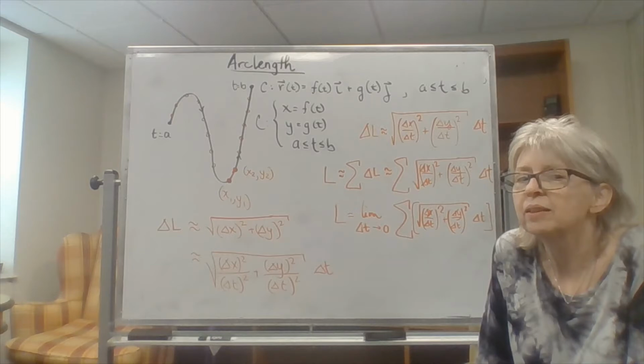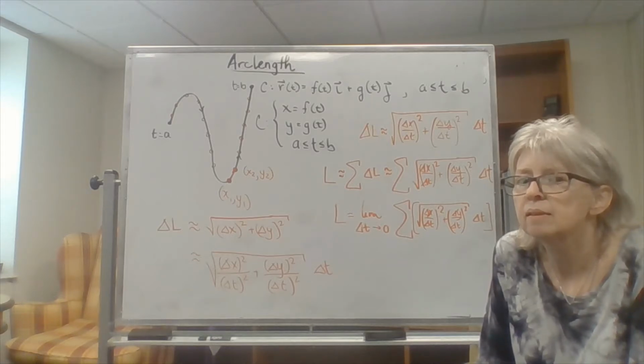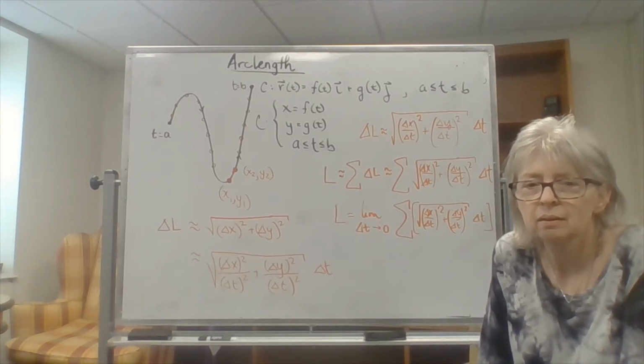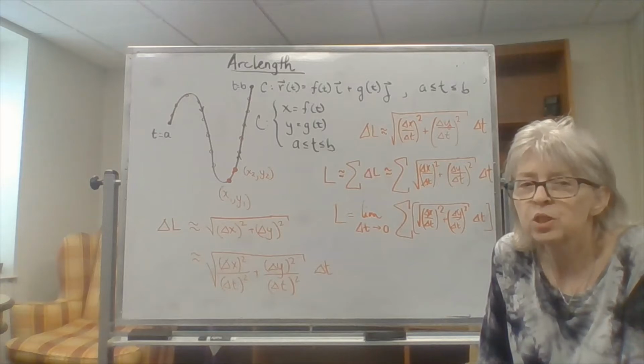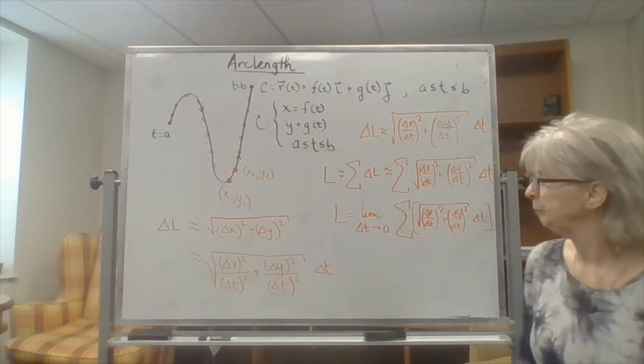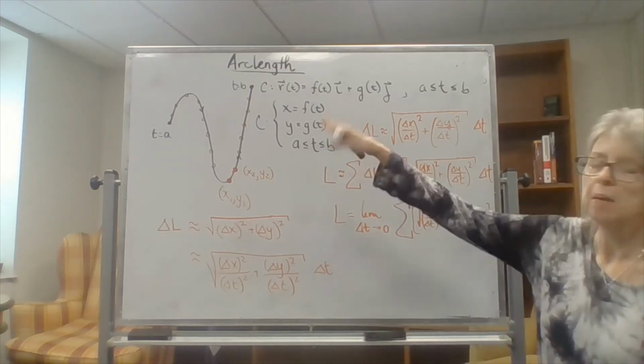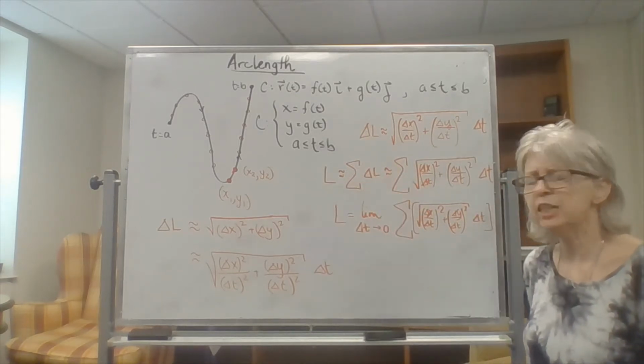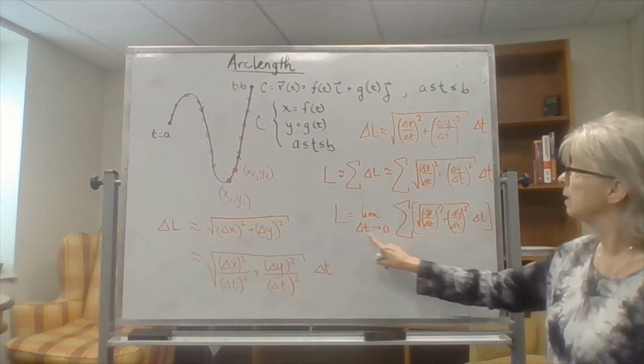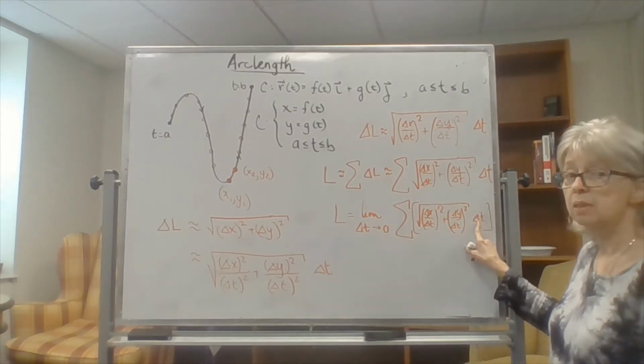the fundamental theorem of calculus, or at least one version of it, leads me to my next step. I have a sum over a bunch of tiny little steps in time.